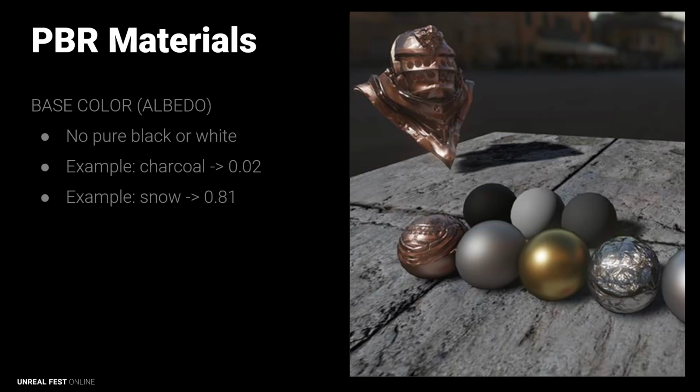So, for example, charcoal is considered one of the darkest surfaces known to man, and its intensity value is about 0.02. So it's not all black. It's not just zero. Likewise, snow, considered one of the whitest surfaces known to man, has an intensity value of about 0.81. You don't want to work with the extreme values of black and white because they will make your images look less realistic. Let's jump over into Unreal and look at a quick example of that.